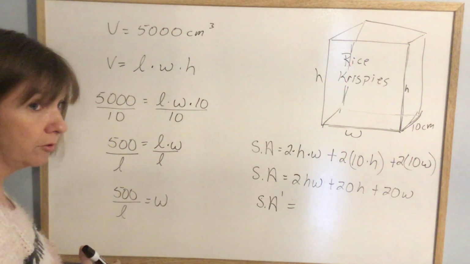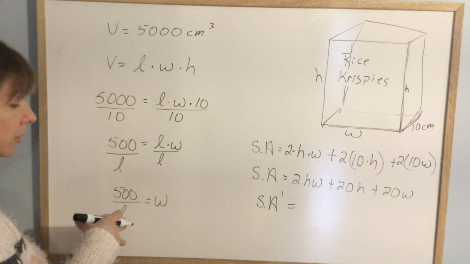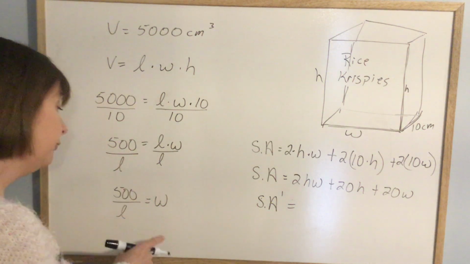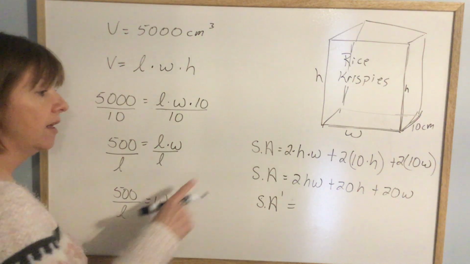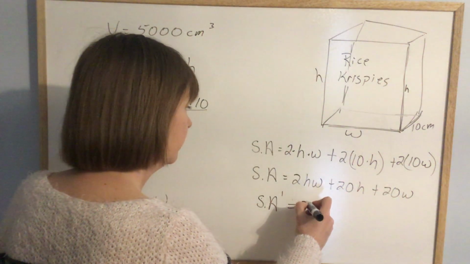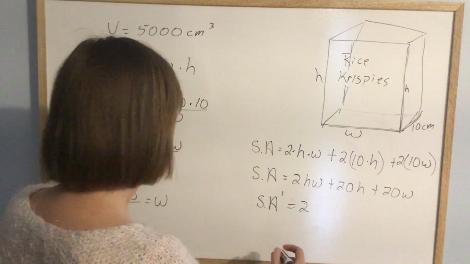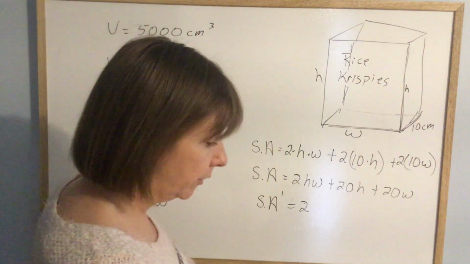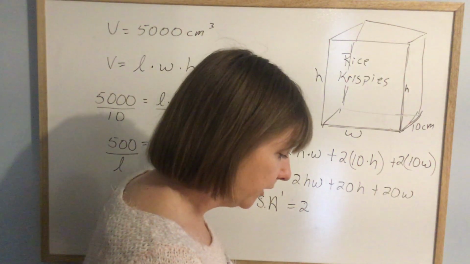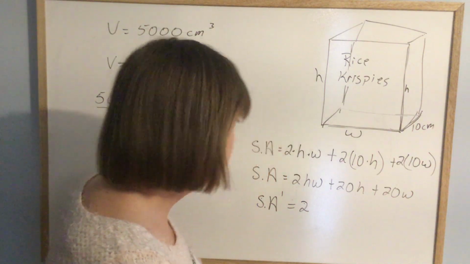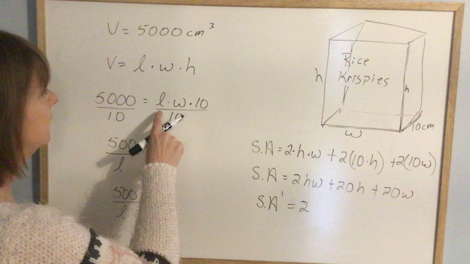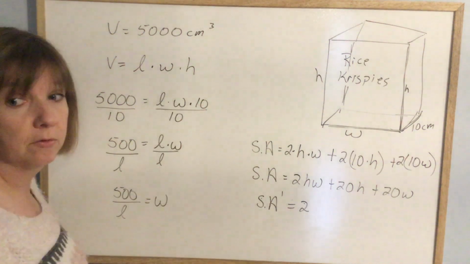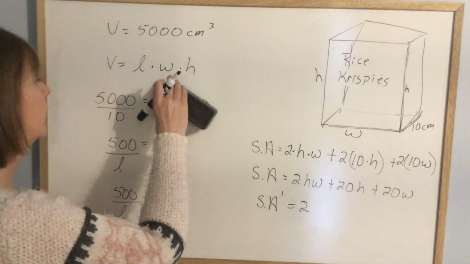Now, why would I bother to do that with this information over here? If W is 500 over L, then anytime I have a W over here... sorry, it shouldn't be L, I replaced the wrong letter.